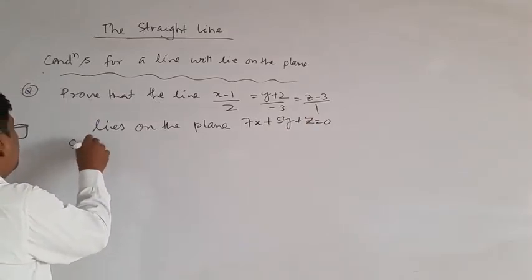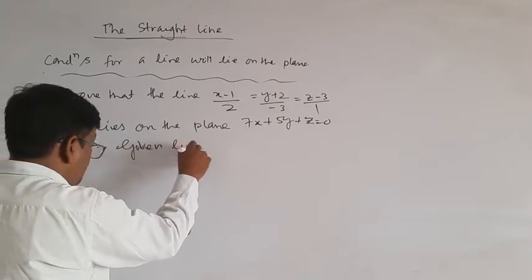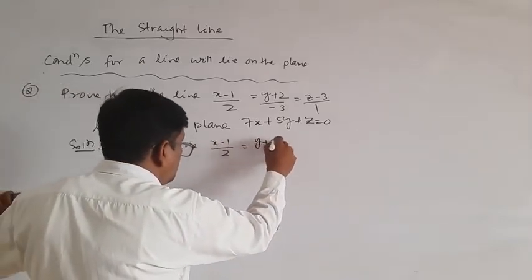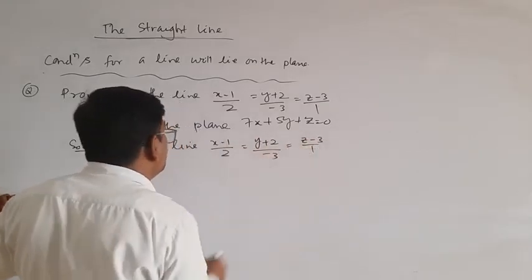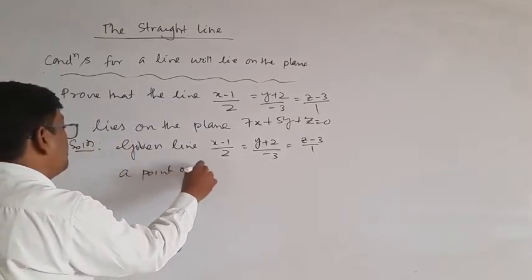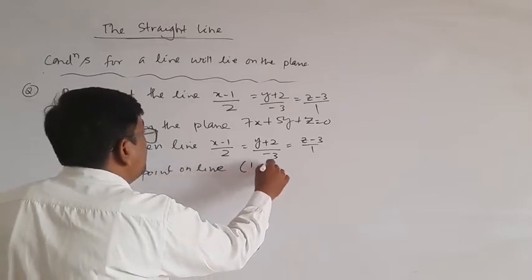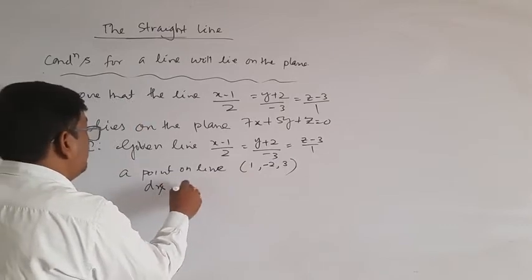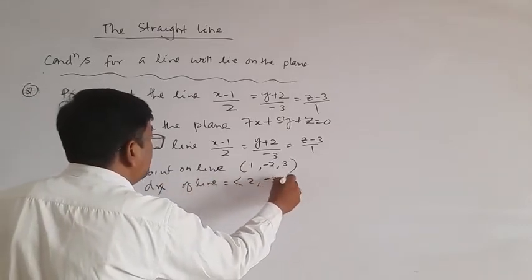Solution: given line (x minus 1) by 2, (y plus 2) by minus 3, (z minus 3) by 1. So a point on the line is (1, minus 2, 3) and the DRs of the line are 2, minus 3, 1.